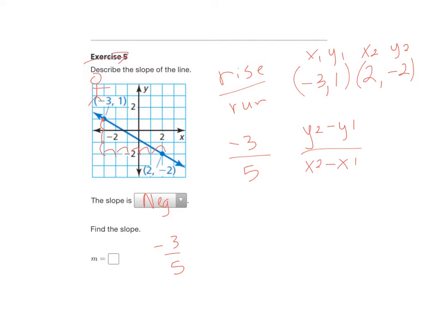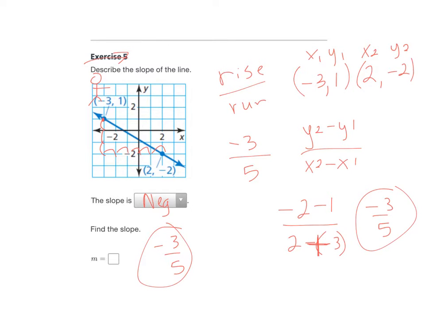So first I find y2, which is -2, minus y1, which is 1, over x2, which is 2, minus x1, which is -3. So -2 take away 1 is -3. We have a subtract a negative here, so we're going to change that into a big plus sign. 2 plus 3 is 5, so we get -3/5. So you can do it with the picture or with the formula.